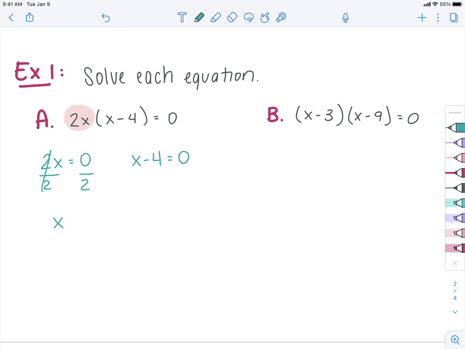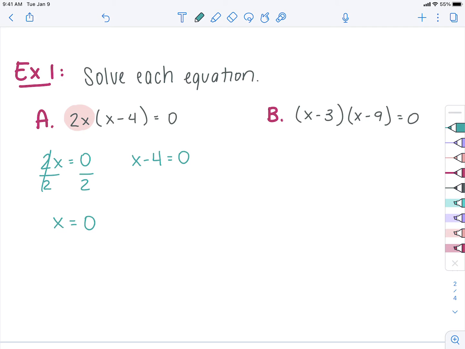And I get x equals 0 divided by 2. Zero divided by 2 just gives us 0.